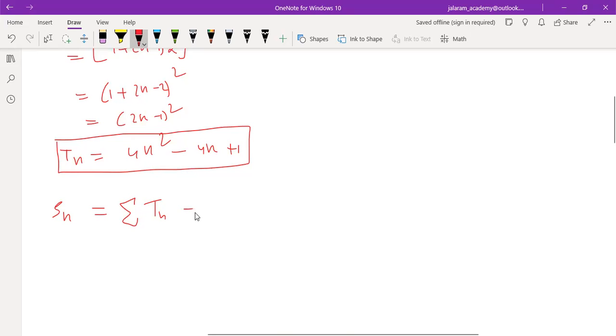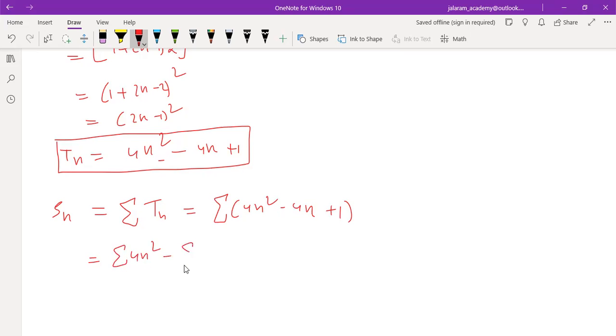Now Tn we have calculated. It is 4n square minus 4n plus 1. So we separate it first of all. Sigma, we write 4n square minus sigma 4n plus sigma 1.